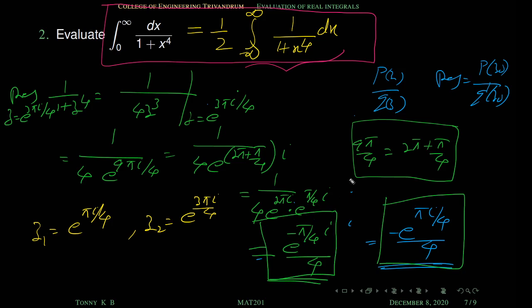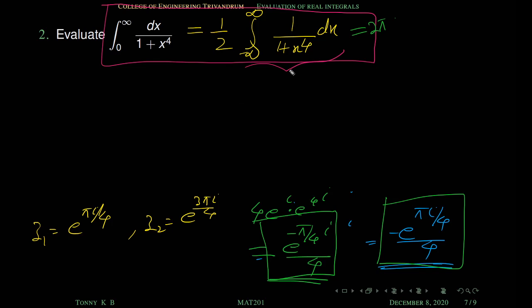So this integral is equal to 2 pi I into the sum of the residues of the singularities lying in the upper half plane. So the sum of these two. This is the residue at z1, that is minus e raised to pi I by 4. There is a space problem, so we consider here.